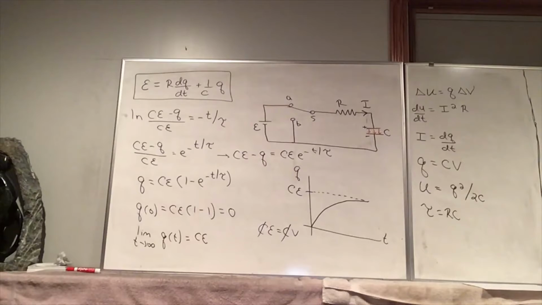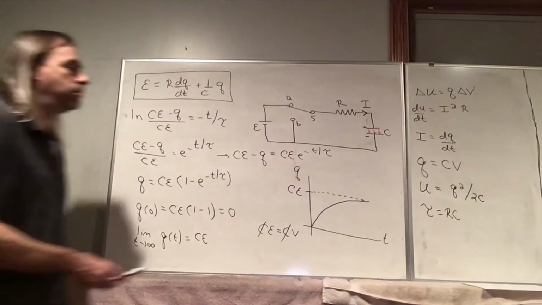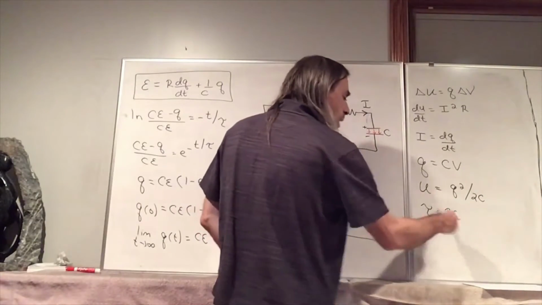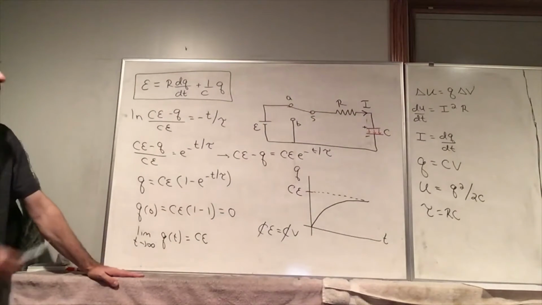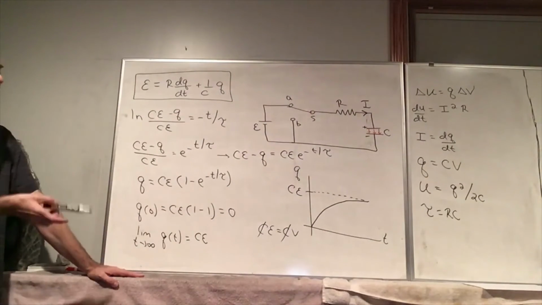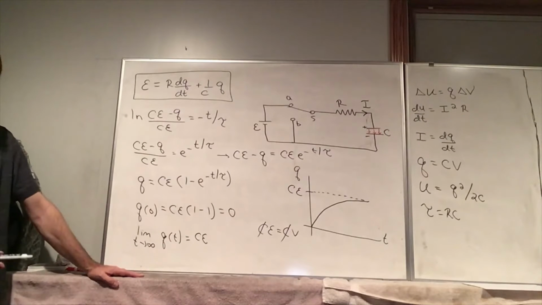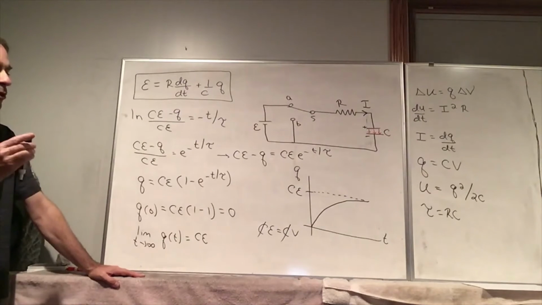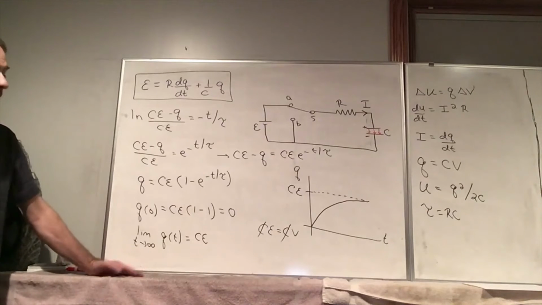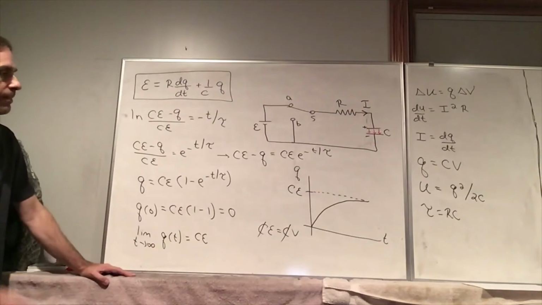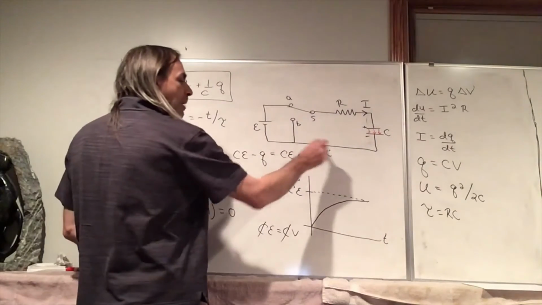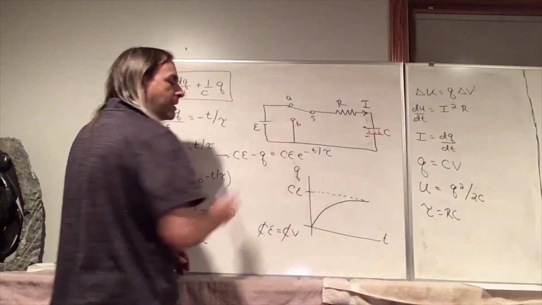Let's talk about time for a moment. We just labeled that this quantity RC was showing up, so let's just call that tau. Let's give it a name. Let's look at the units for RC. Now the units should be seconds. How do we know that? It has to be seconds, or at least a unit of time, because tau shows up where we have e to the minus t over tau.